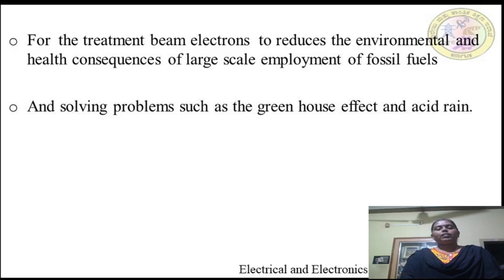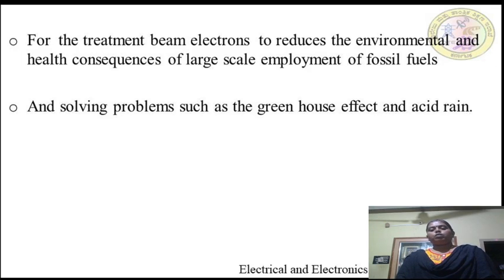So indirectly this nuclear technology will use a beam of electrons to reduce the environmental and the health consequences due to the fossil fuels. And also it is used in solving problems such as greenhouse effect and acid rain.